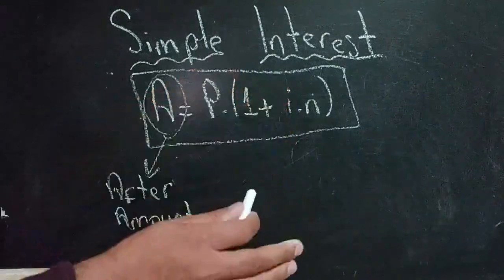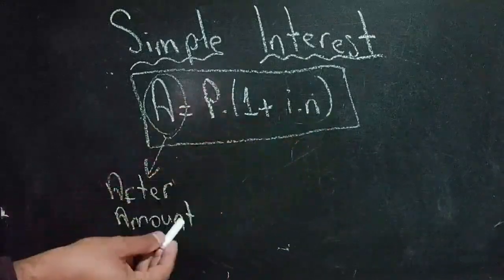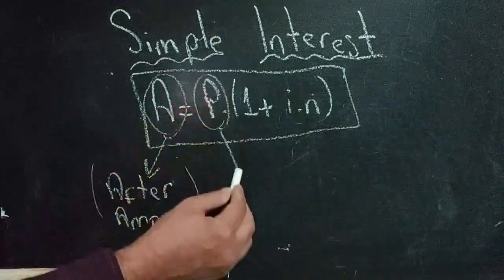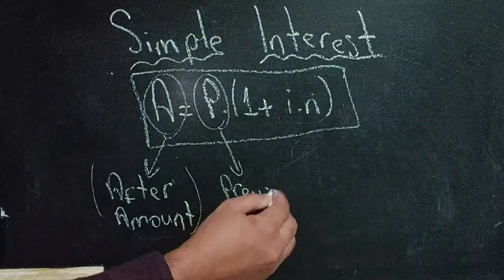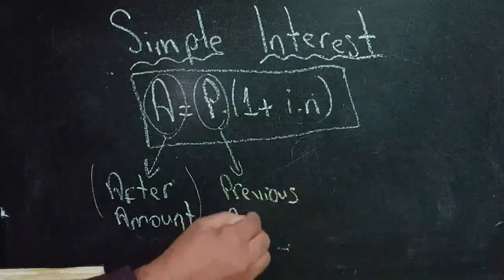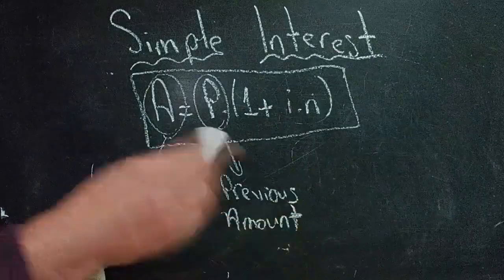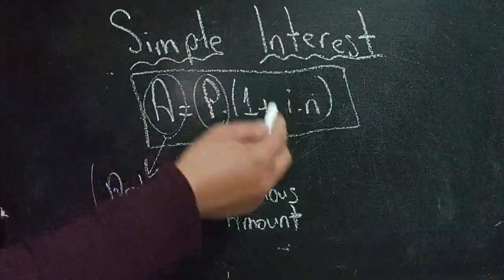So the previous amount plus the interest, what will you have? That is the after amount. And that P is the previous amount, how much money you have in the beginning before the interest.